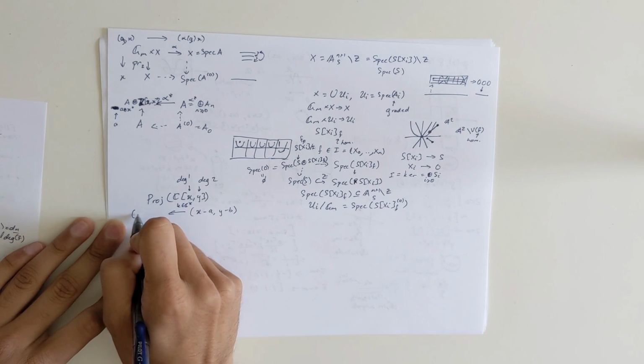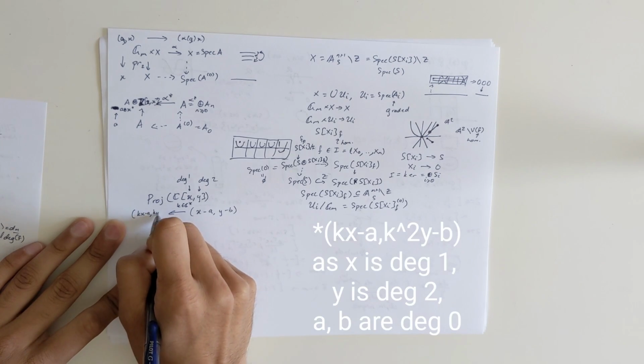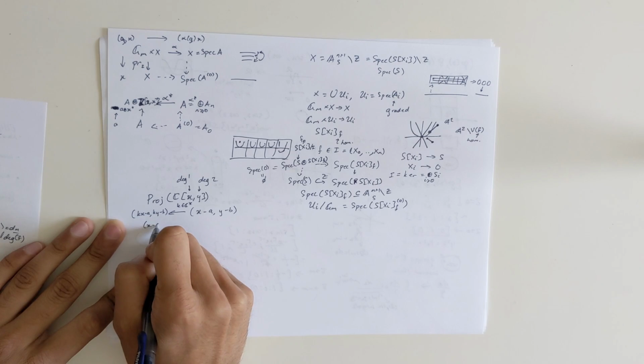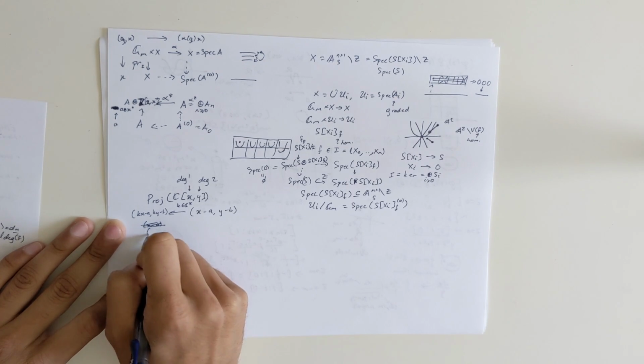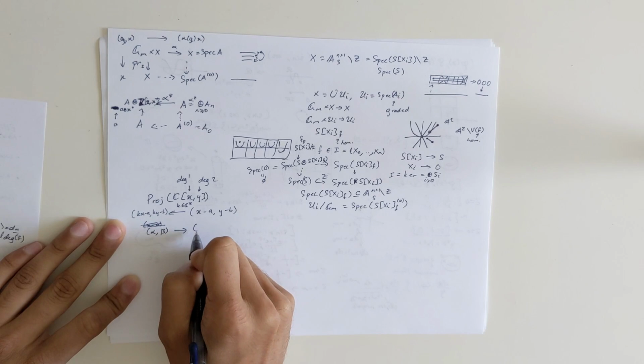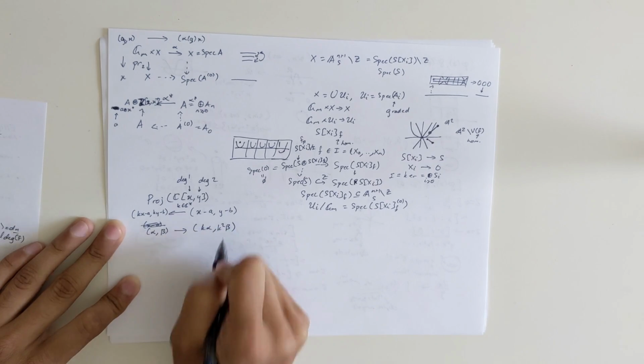This will pull back to (kx minus a, k squared y minus b), which is to say that the point alpha comma beta over here gets sent to the point k alpha, k squared beta over here.